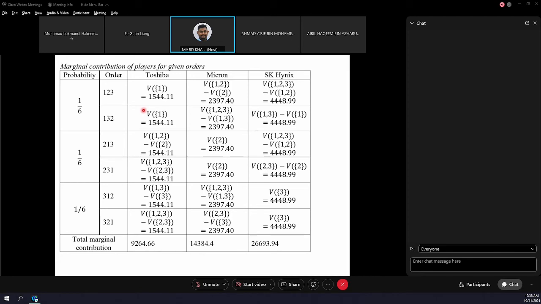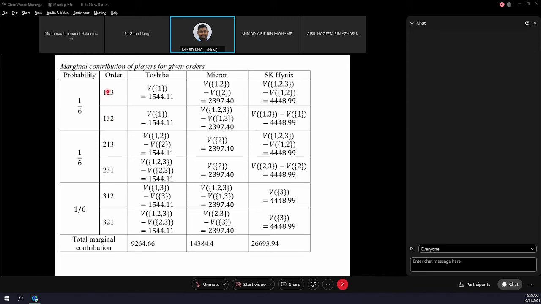Okay, Ahmad Arif. May I know why the value is still the same? I'm still not very clear on Shapley value yet, doctor. No worries. Look here. Which value enters the room first? Still the first value, still the first player.